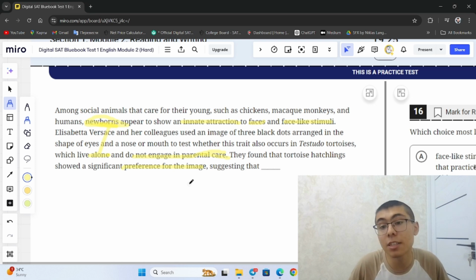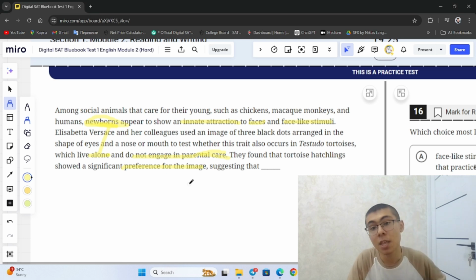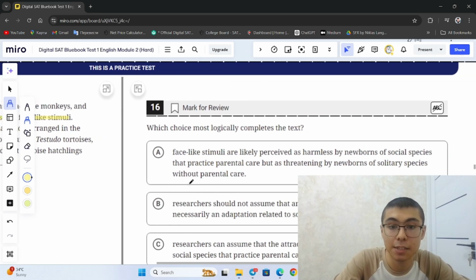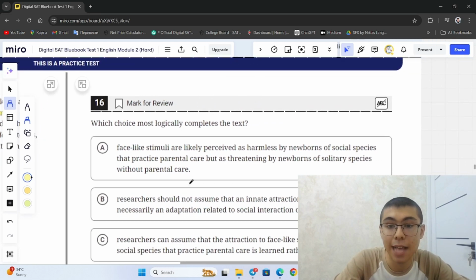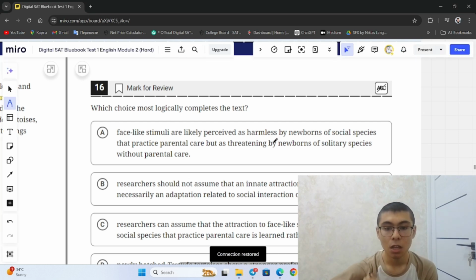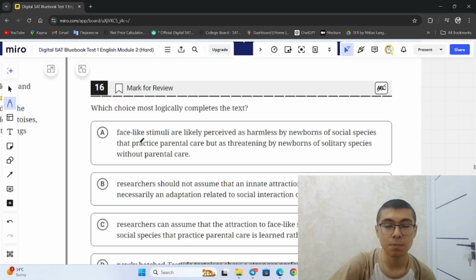Even in the research with this species, which live alone, they still showed a preference for the image, for the face-like stimuli. So, face-like stimuli are likely perceived as harmless by newborns of social species that practice potential care, but as threatening by newborns of solitary species without potential care.